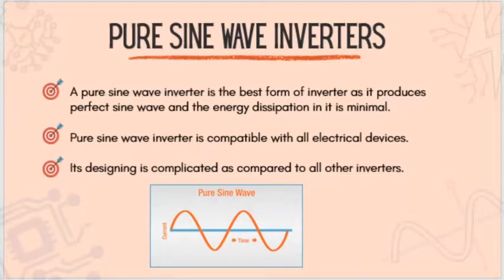Also, the output voltage in our convenience outlet is in the form of a sine wave. Its design is complicated compared to all other inverters. So this is the wave of a pure sine wave alternating voltage.